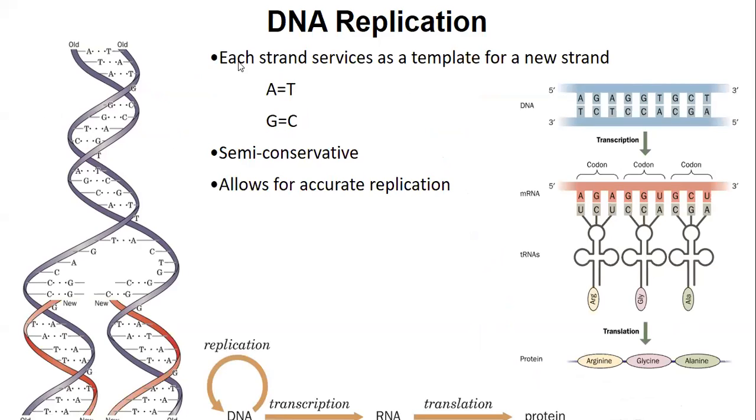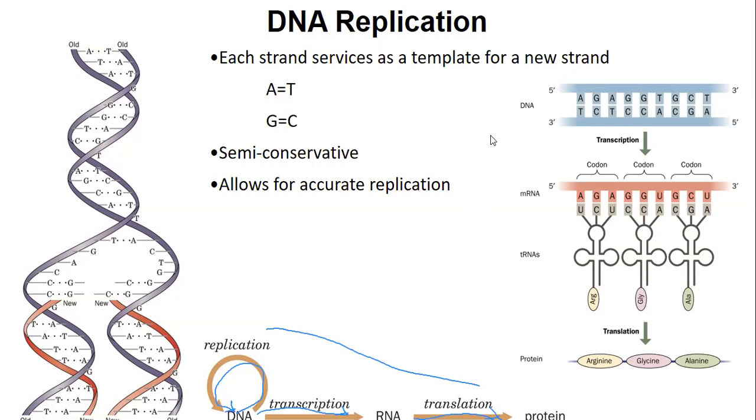The first thing we want to start with is just the overall central dogma here. DNA itself can be replicated to make more DNA, or DNA can go through transcription to make RNA. This RNA can be translated to make protein. And so that is the central dogma of biology right there.